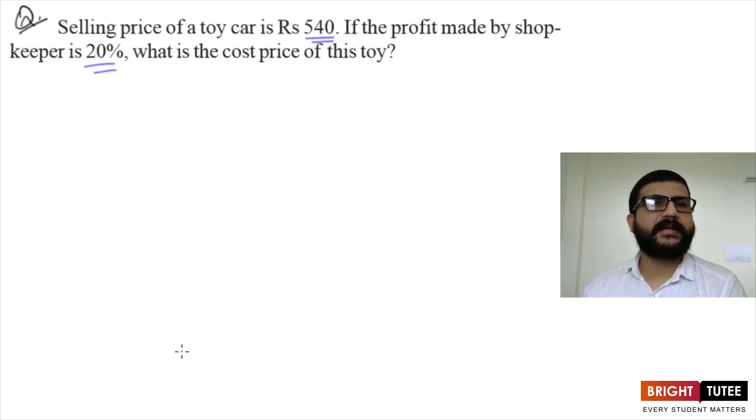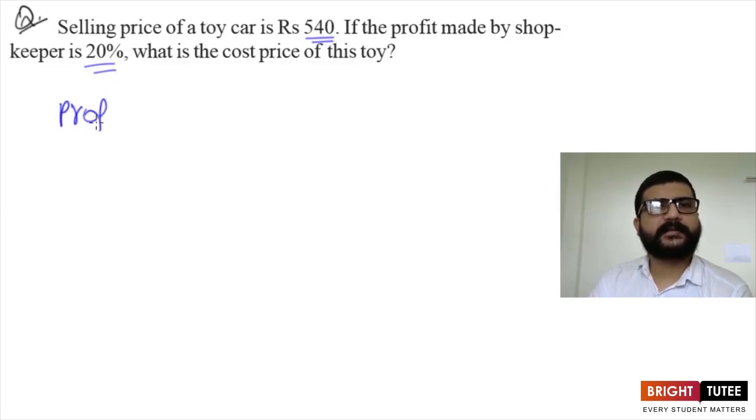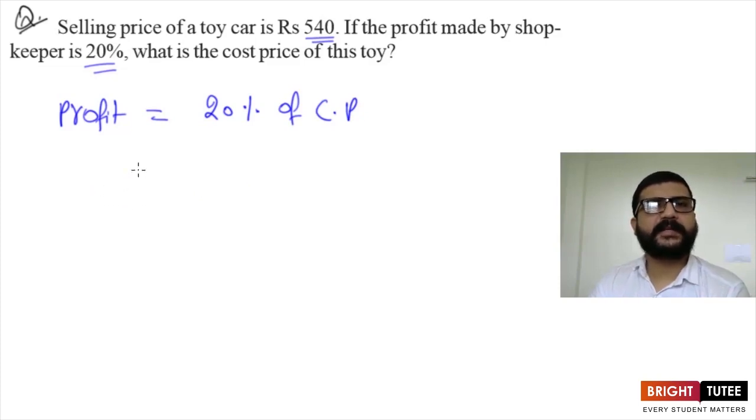Now the thing is how to find cost price of this toy. So as we know, profit percent is 20. So what will be the profit if cost price is CP? So profit will be equal to 20% of CP. Now do we have any relation between SP, CP and profit?